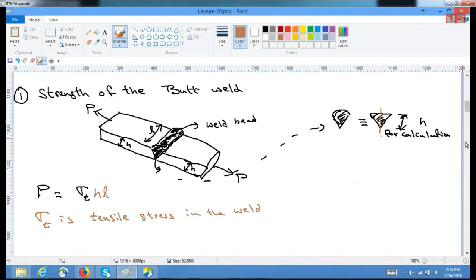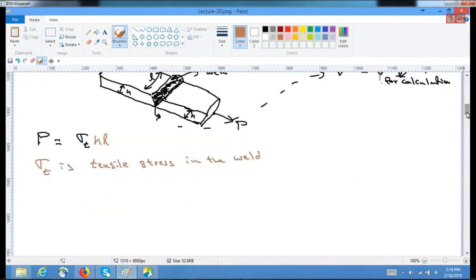and h is the throat thickness of the butt weld.